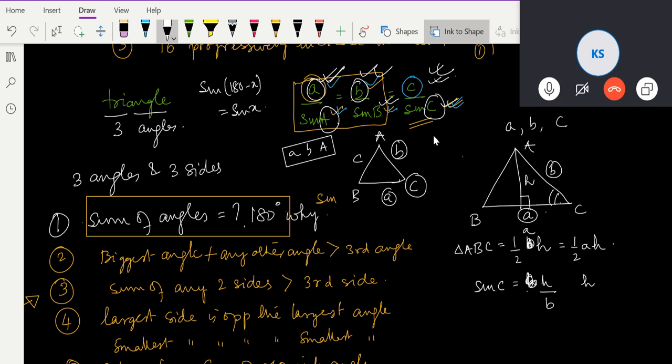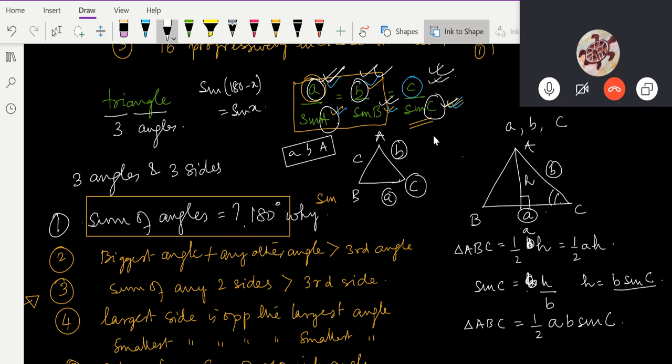H can be written as B sine C. So the area of triangle ABC is half A, and in place of H, I write B sine C.